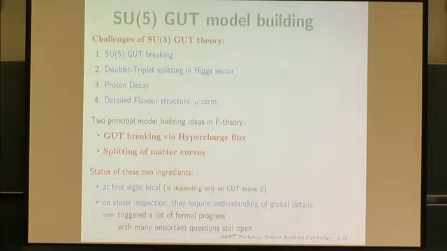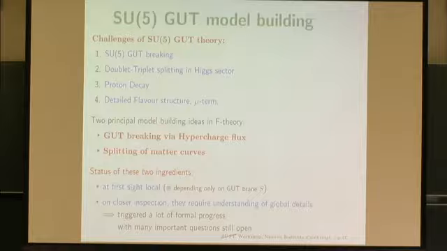And basically most of those topics rely on two principal model building ideas in F-theory, which are old, which were proposed 5 years ago already by Beasley, Heckman, Vafa, and Donagi, Wijnholt, but whose implementation is really only now understood, and part of which is still not understood. So one is GUT breaking by hypercharge flux, and the other is the splitting of matter curves.